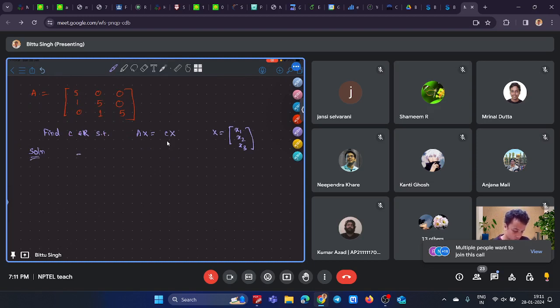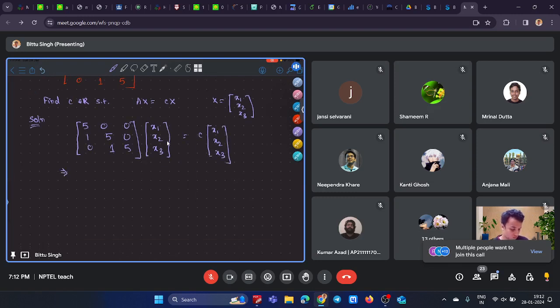So here, what is Ax? The matrix with rows 5 0 0, 1 5 0, 0 1 5. And what is x? X is x1, x2, x3. This equals c times x, where x again is x1, x2, x3. So therefore this will imply, multiplying the right side, cx1, cx2 and cx3.